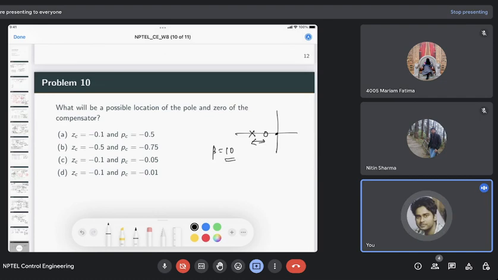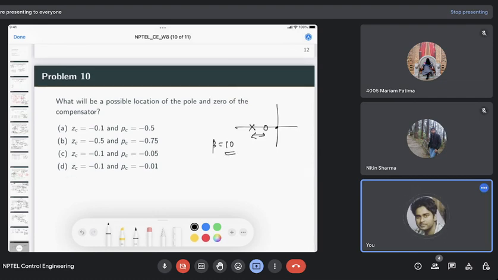So then what will the pole and zero location be? Here is one satisfactory choice. There is no unique solution, but the ratio should be beta. This is the zero location and this is the pole; I'll just cross it for the pole.